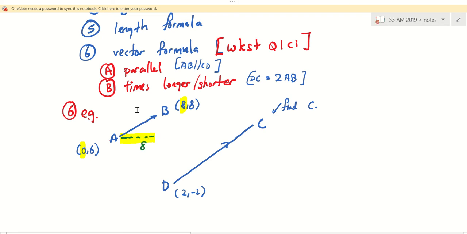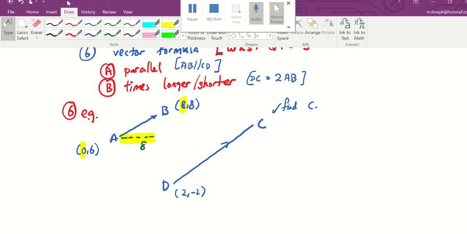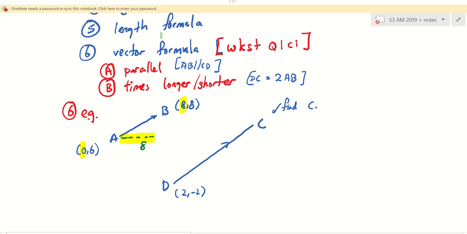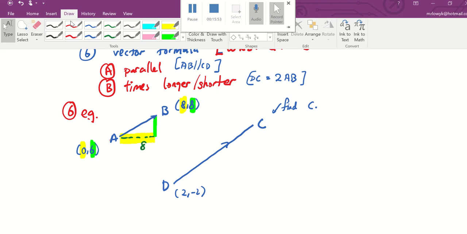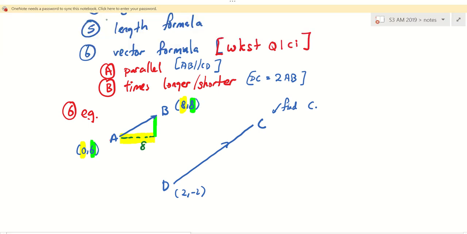Then you need to help Aritina to find her home. So Aritina is now on the 6 on the y-axis. Aritina needs to walk to 8. So vertically, I know I need to walk 2.